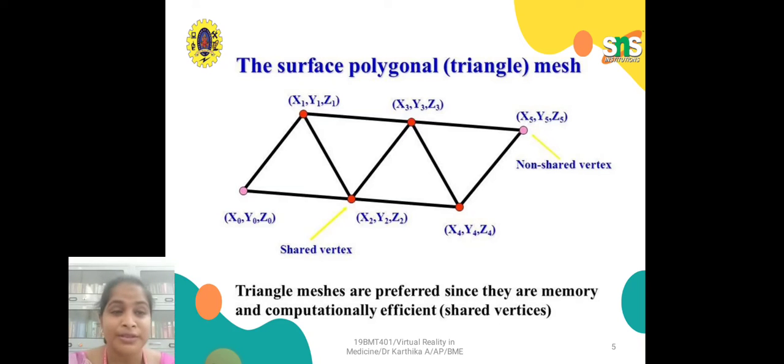The triangle meshes are preferred since they are memory and computationally efficient with the help of shared vertices. See here the vertices x0, y0, z0, x1, y1, z1, x2, y2, z2, x3, y3, z3 and x4, y4, z4, and finally we have x5, y5 and z5.